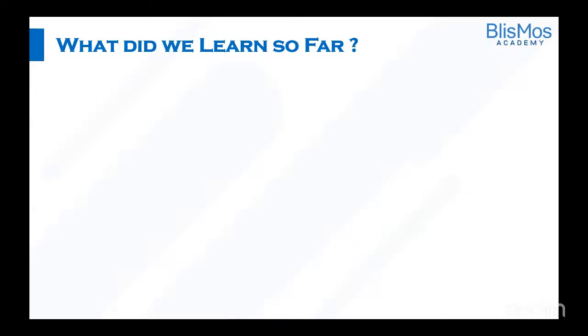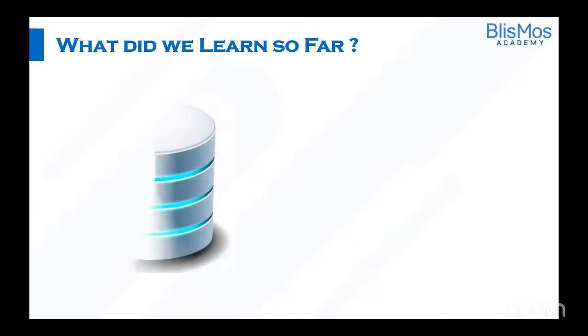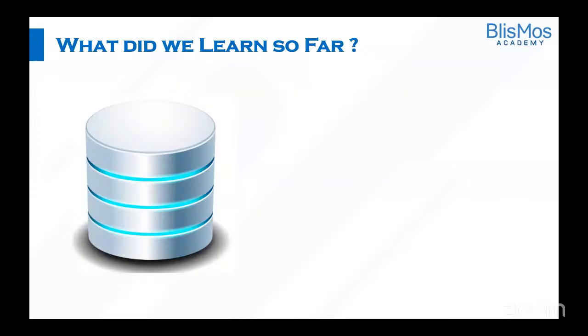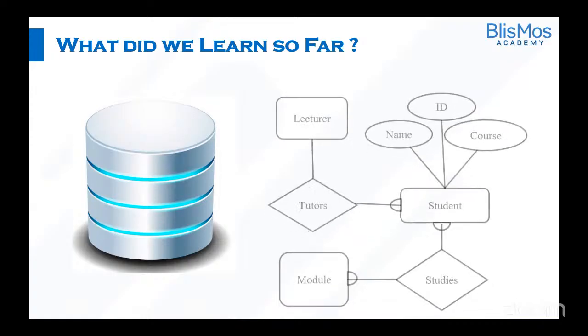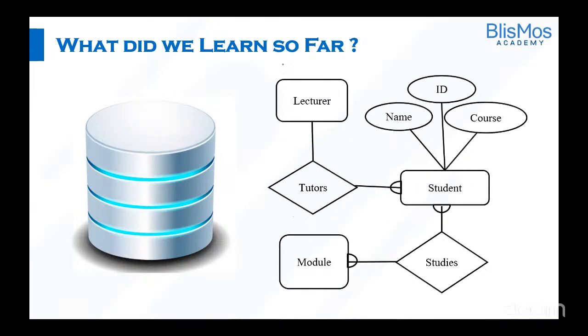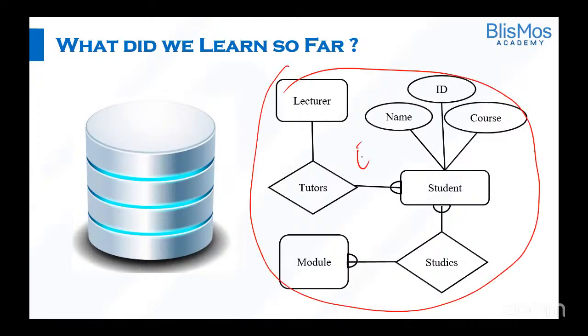Some of the important aspects which I want you guys to remember: since the first class, we have covered what is a database. One of the things we have in our videos, which I have not covered because of the time constraint, is ER modeling.